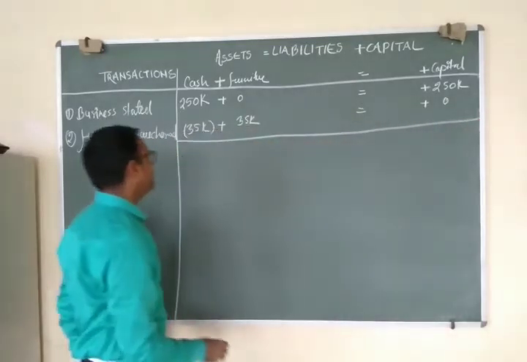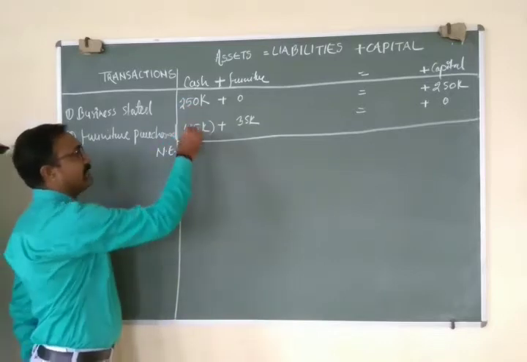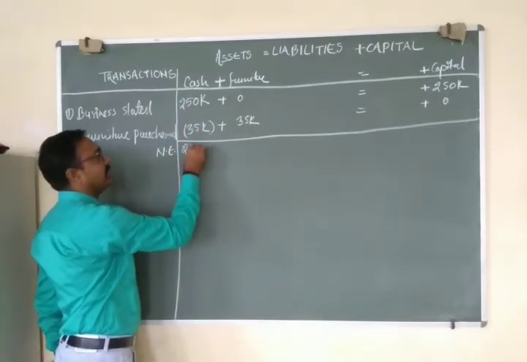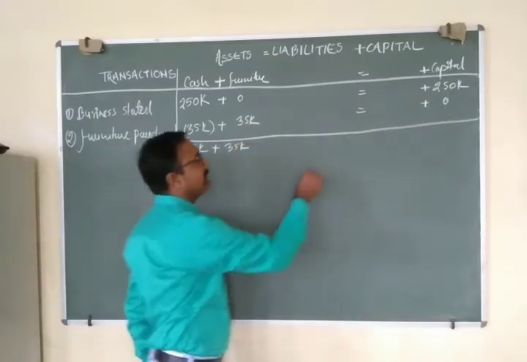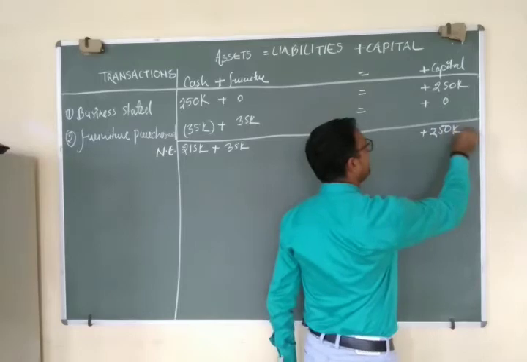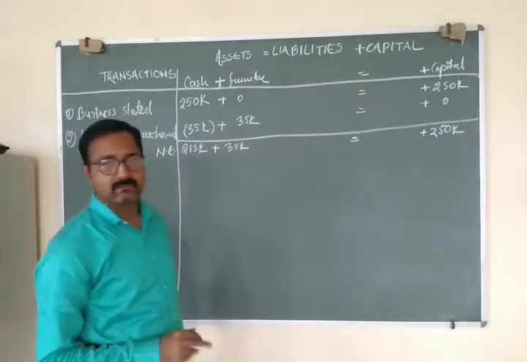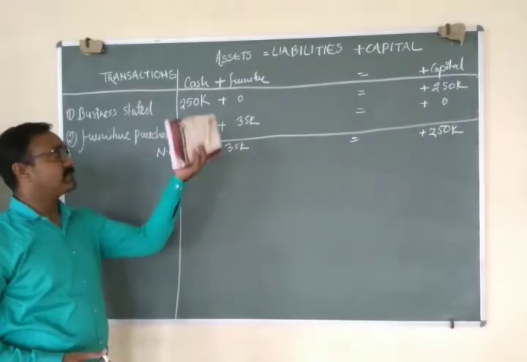So here we have a new equation: 250 minus 35 is equal to 2,15,000, plus 35,000 of furniture, which is equal to the total of capital, which is here 2,50,000. So after the second transaction, our equation is verified: assets equal liabilities.